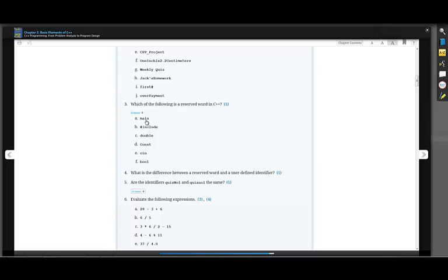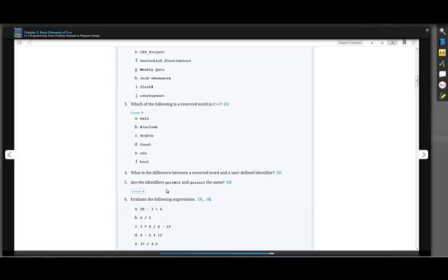Main, int main, believe it or not, is not one. That function is the main function. So it's not. Pound include, okay. Again, it's based on the difference between what's a reserved word and what's user defined. So number 3 is C and F. Which one of the following are reserved words?